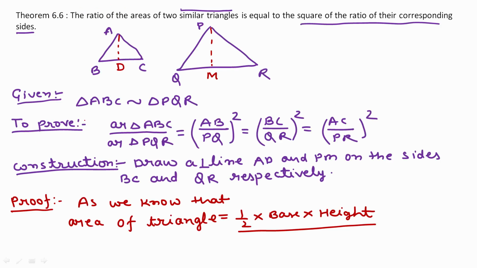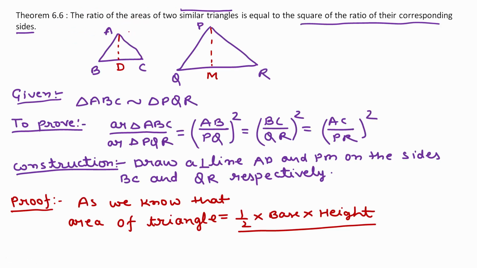So the area of triangle ABC is equal to 1 upon 2 into BC into AD, base into height, and area of triangle PQR is equal to 1 upon 2 into QR into PM, base into height.